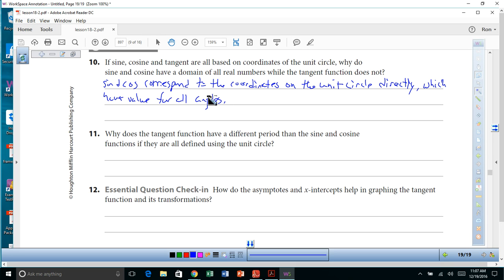Okay. Tangent is a ratio of coordinates. It can become undefined whenever the denominator is 0.